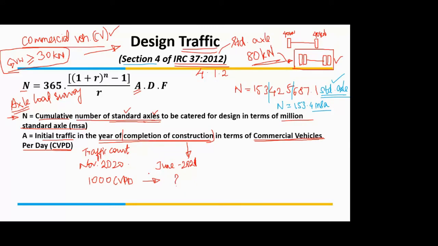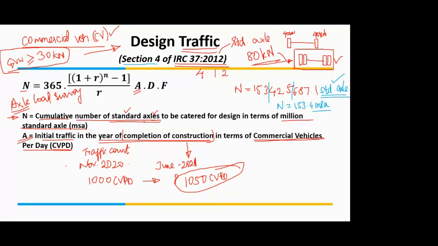So maybe in the year of completion, the count is expected to reach 1050 CVPD. Now we are interested in this value, 1050 CVPD, and this will be the A value that you will consider.